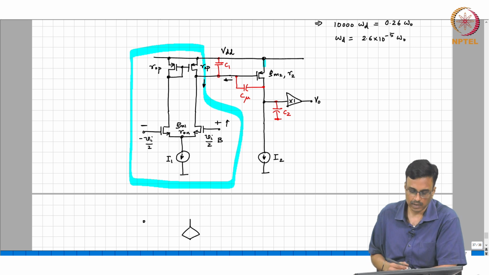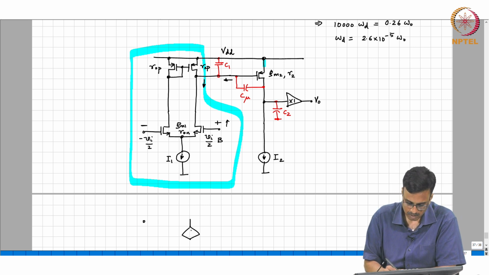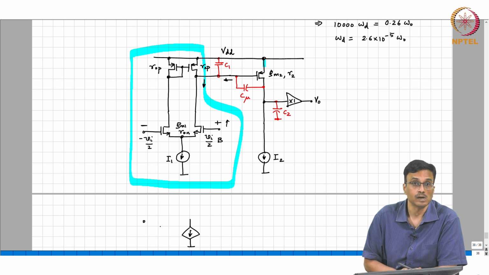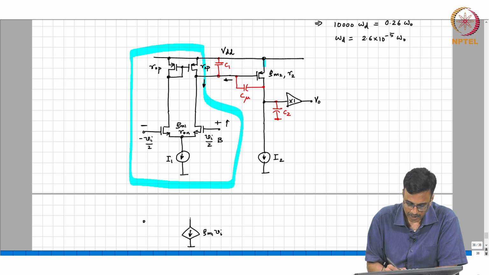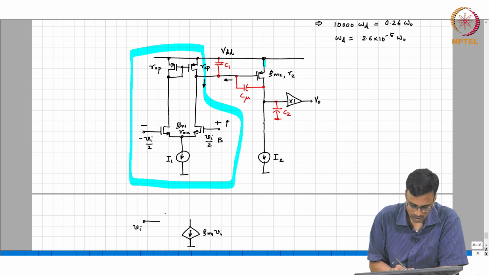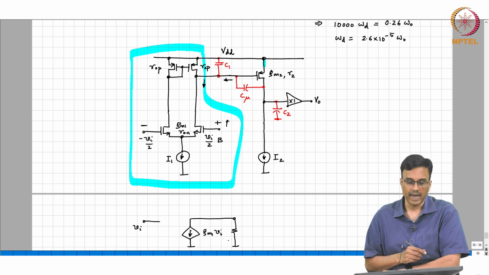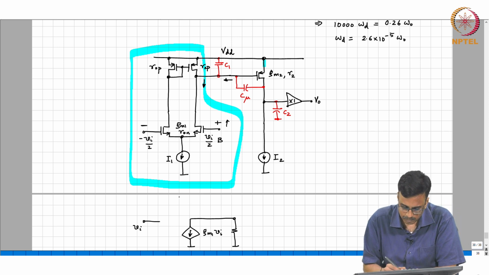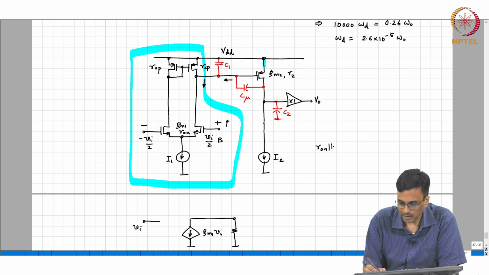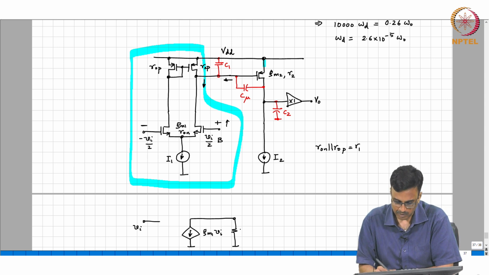What is the effective current going in there? That is nothing but GM1 times Vi, okay, and what is the output resistance of the first stage? RON parallel ROP, I will call R1, that is basically R1.